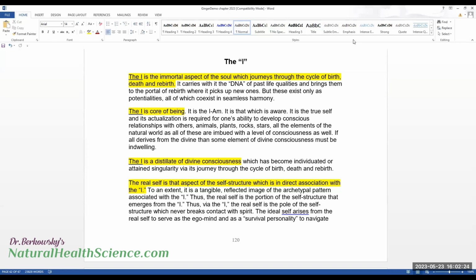So, for instance, let's say you have a client or somebody you're working with, and they've been doing very well, but as things go in life, they've had some type of stress. Let's say somebody close to them has passed away.